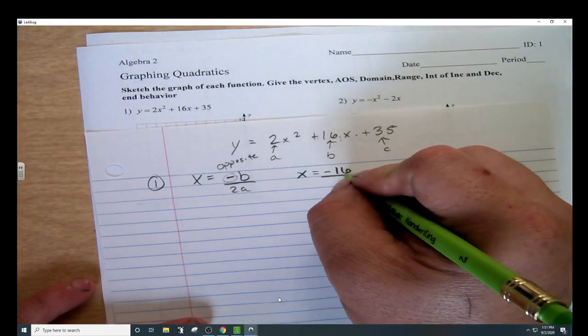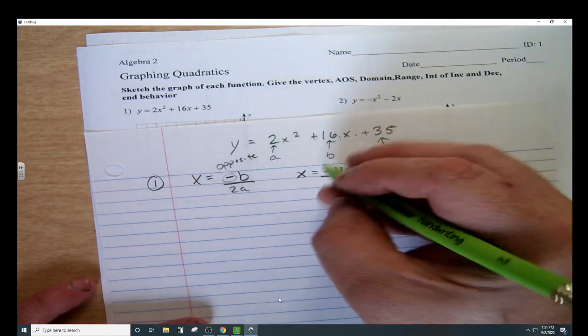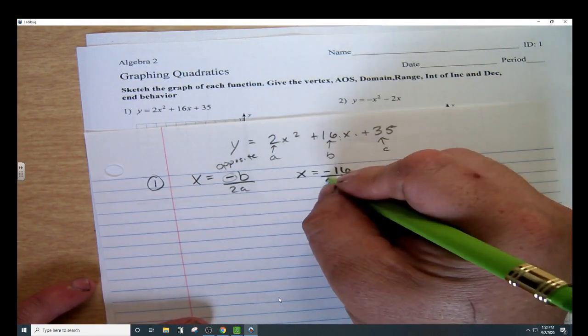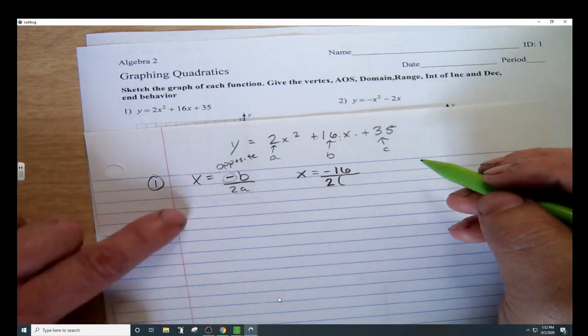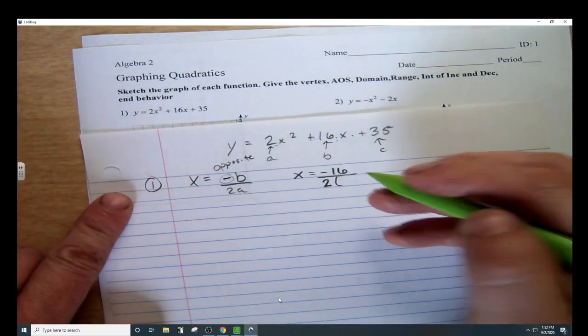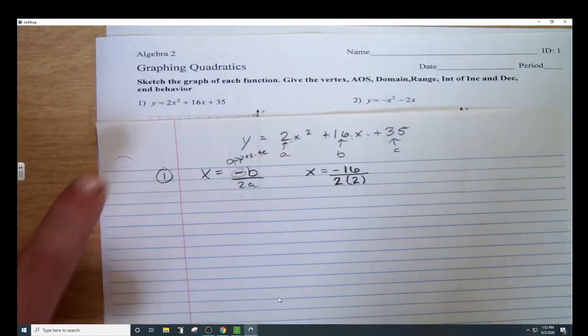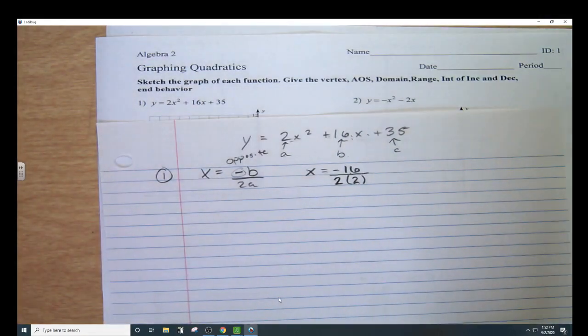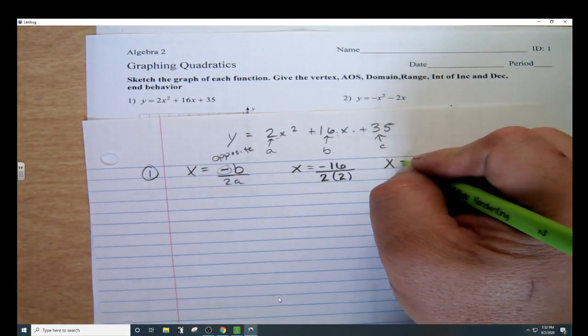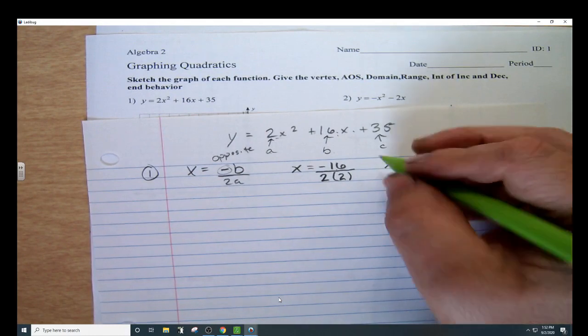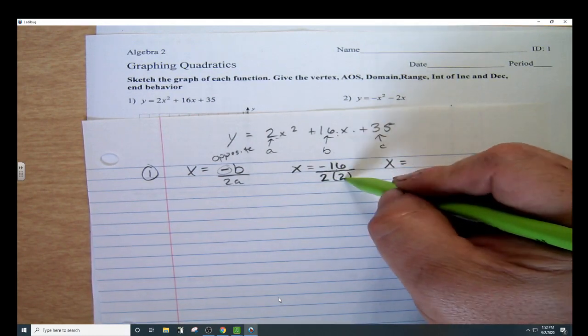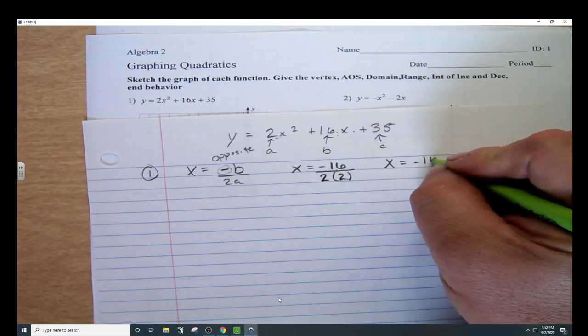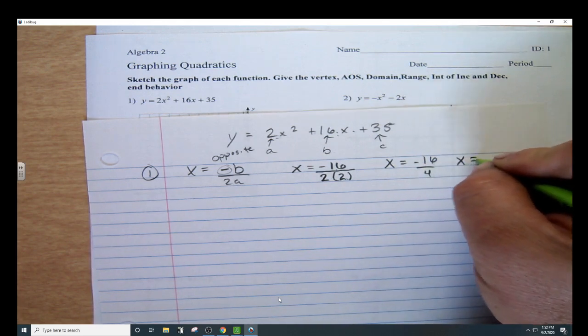And then it's 2 times a, which is 2. So now x equals negative 16 over 2 times 2, which is 4, so x equals negative 4.